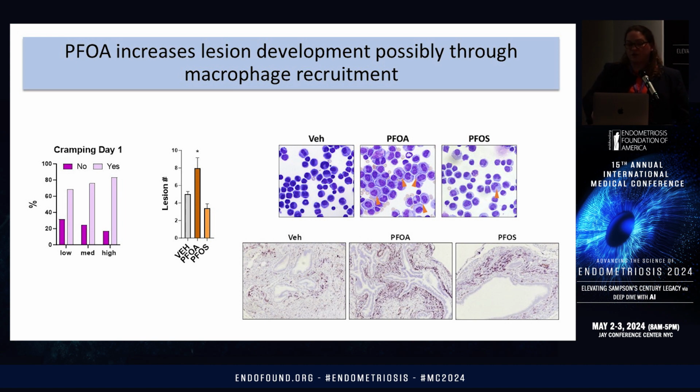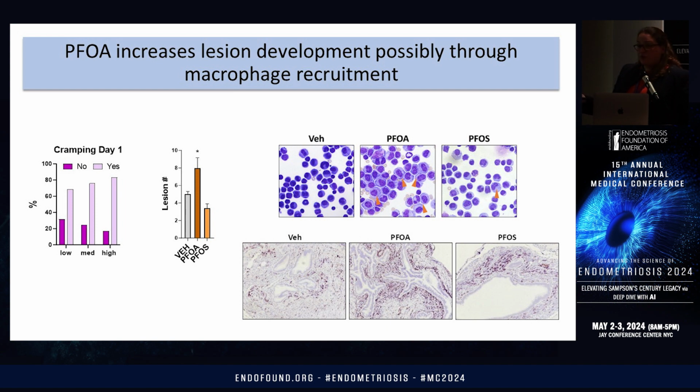And if we look then more specifically to what is recruited as far as macrophages into these lesions, we have our vehicle lesions in the purple. The dark purple is the immunohistochemistry for F4/80 for macrophages. We see that we do have macrophages present in the lesions as we would expect.